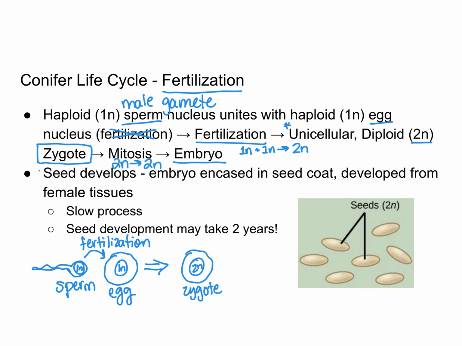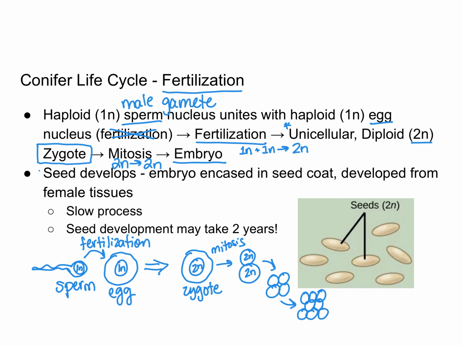And then that zygote is going to go through mitosis to form daughter cells, and these daughter cells are all going to have that same diploid condition. One cell is going to form two cells, produces four cells, produces 8 cells.